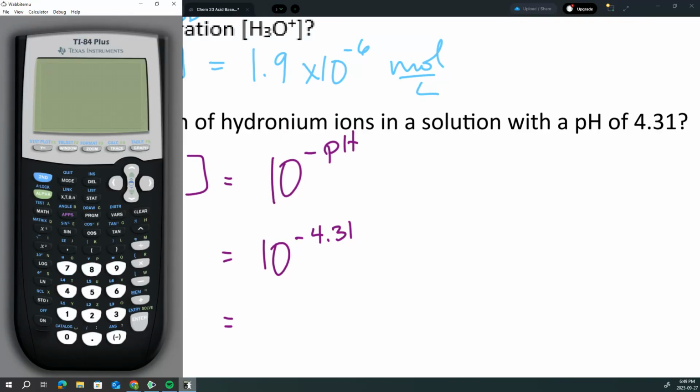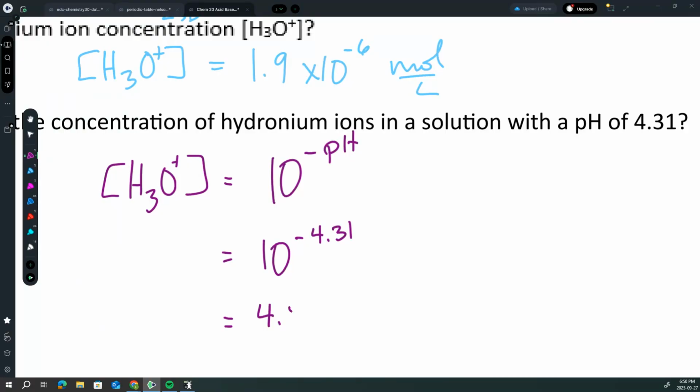If I write that in my calculator, second function log negative 4.31, hit enter. So 4.8977 keeps on going on forever times 10 to the power of negative 5.